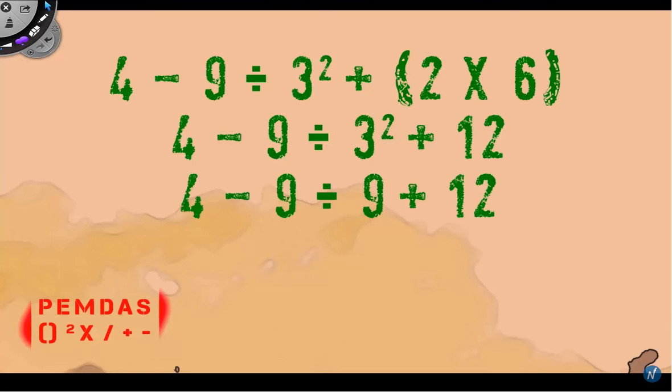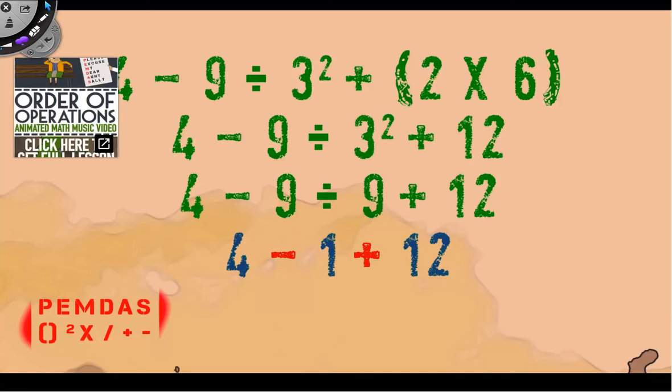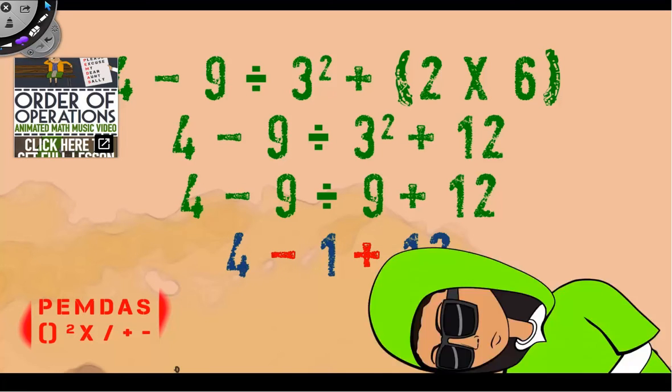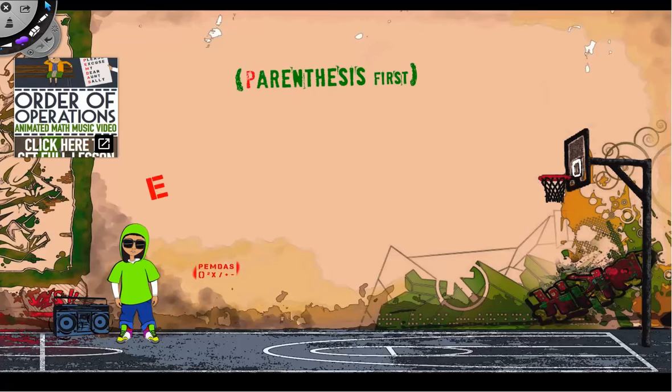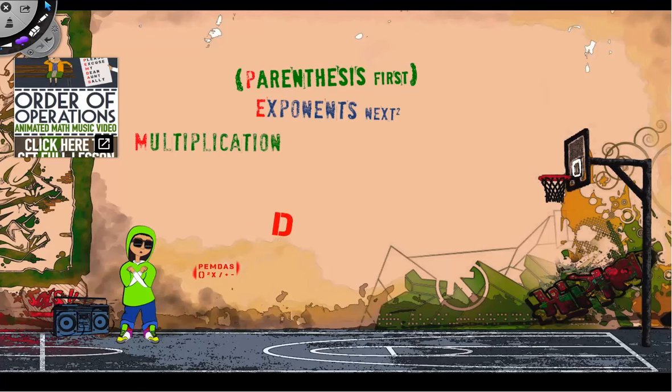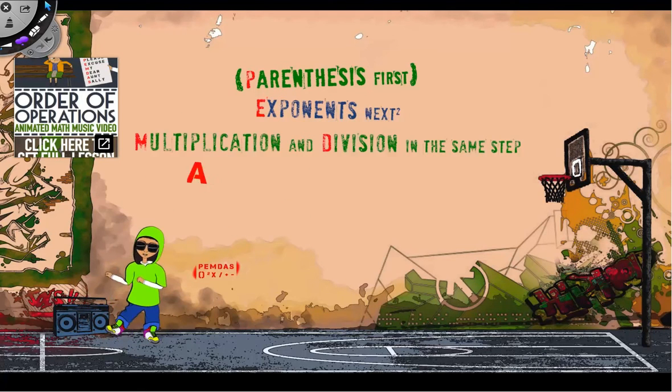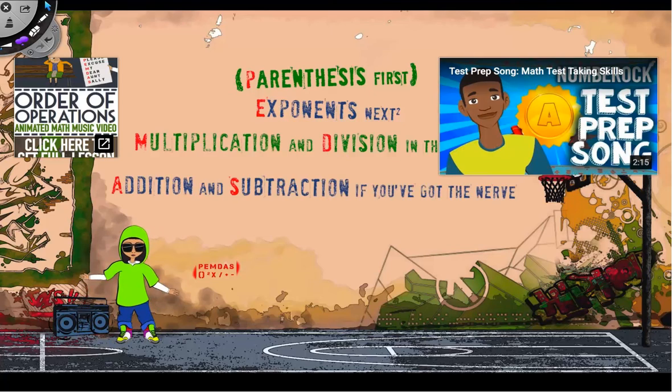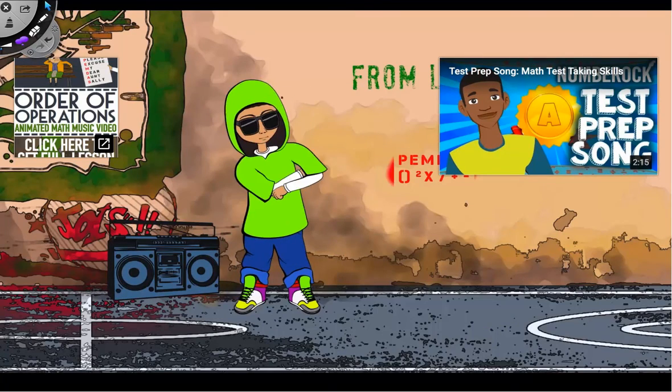Now we divide or multiply. Let's see what we got. Take a look at the signs. 9 divided by 9 is 1. The answer's close, man. We're almost done. 4 minus 1 has a difference of 3. When we add the 12, we get 15. Parentheses first, exponents next, multiplication and division in the same step, addition and subtraction, if you got the nerve, from left to right, first come, first serve.